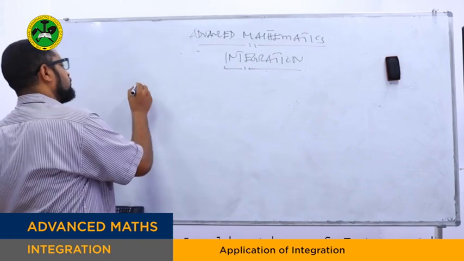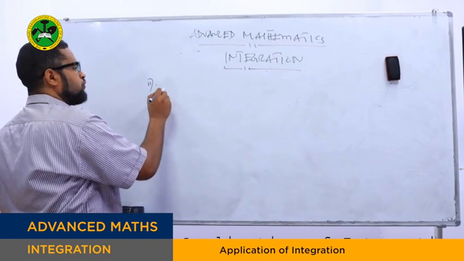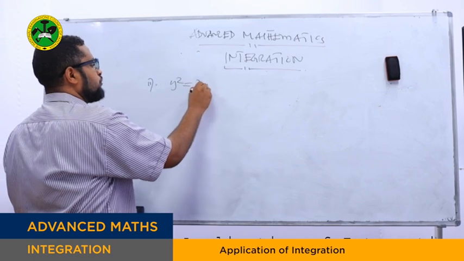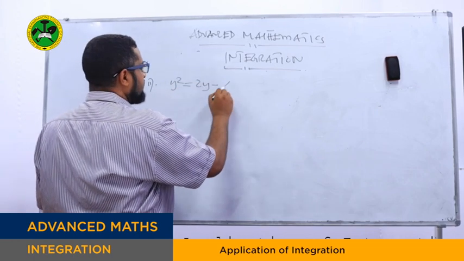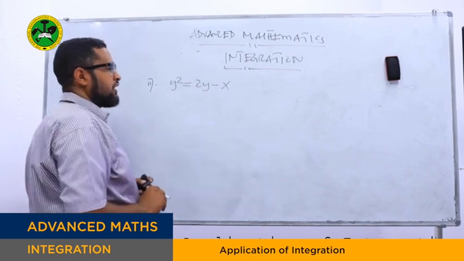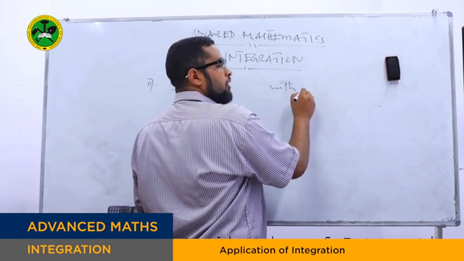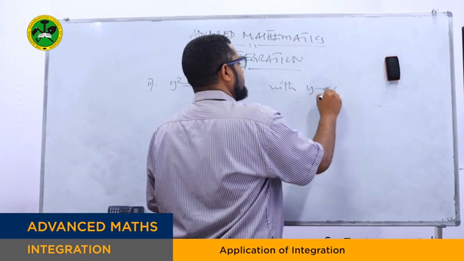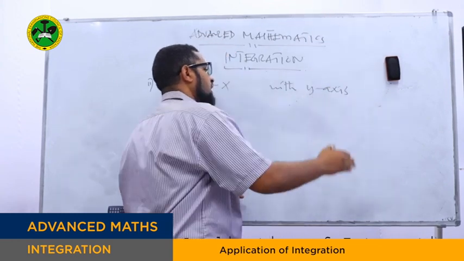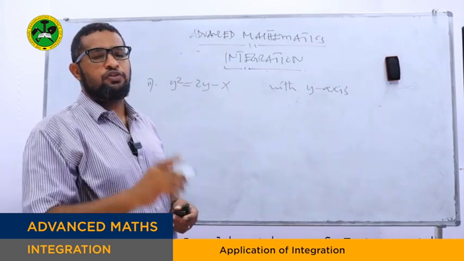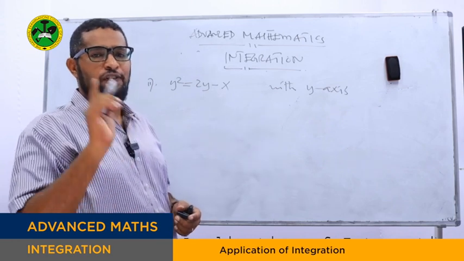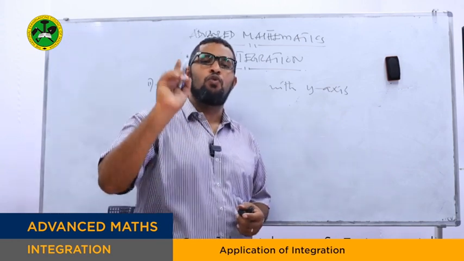So example number 2 is y squared equal to 2y minus x, with the y-axis. If you see the word "with y-axis," it means this one is against the vertical axis. So step number 1 is to make sure that the function is written in terms of y.